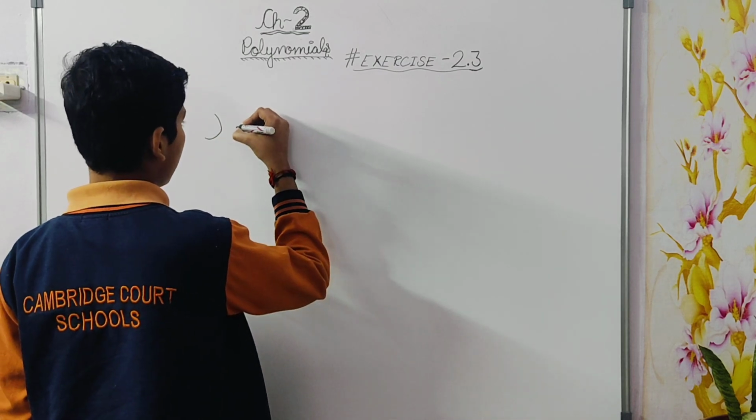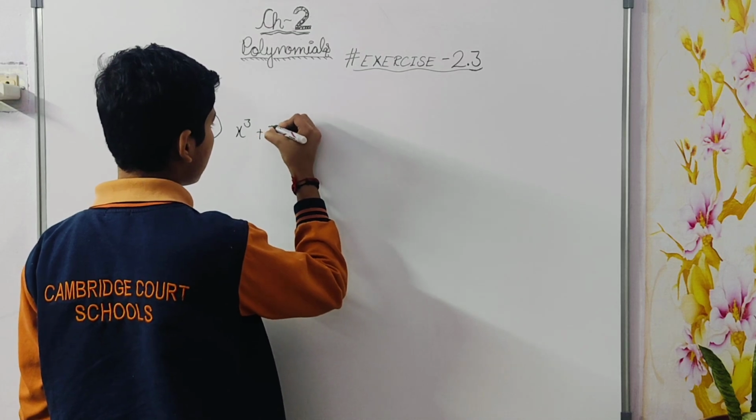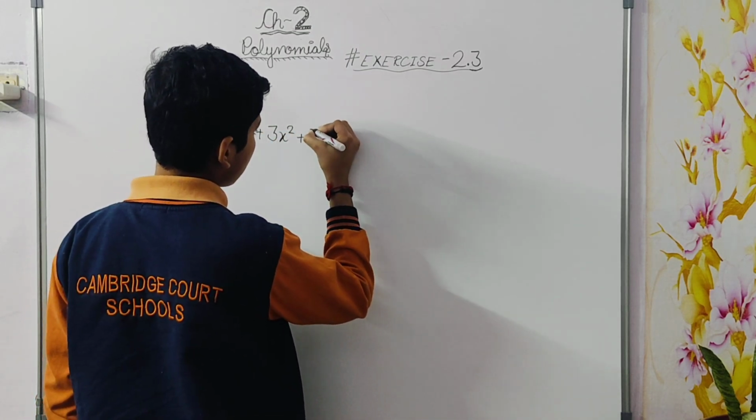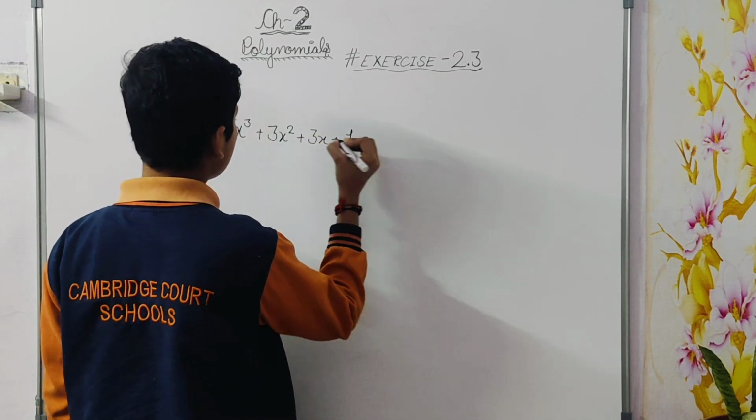It is x cube plus 3x square plus 3x plus 1.